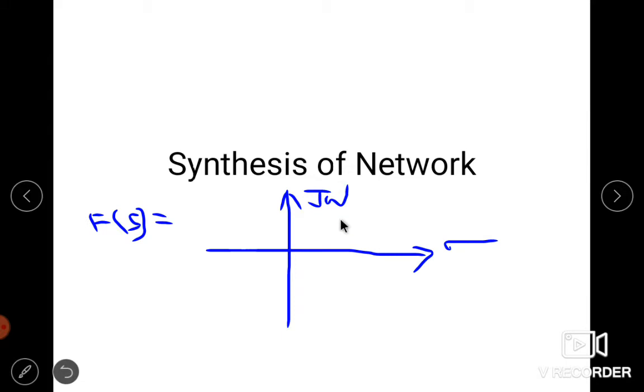If the coordinates of the roots lie in this direction, then the system will be stable. If the roots lie in this other direction, then the system will be unstable. I have taken some short forms because writing with a mouse is very difficult here. So this is the unstable system.